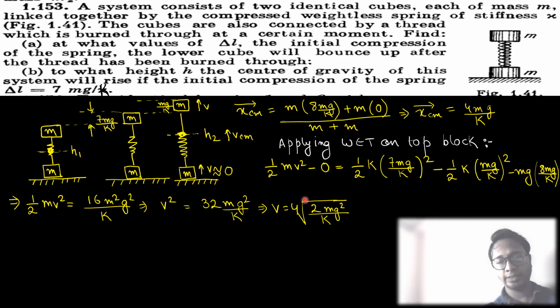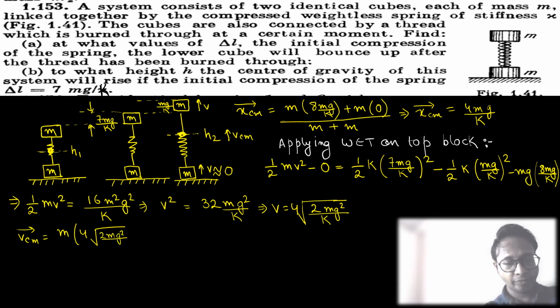Now this is the velocity of the topmost block as soon as the bottom block lifts up from the ground. So what is the velocity of center of mass at this point? Velocity of center of mass is nothing but mass of top block into velocity of top block, 4 root 2 under root of m g square by k, plus mass of bottom block into velocity of bottom block, divided by mass of top block plus mass of bottom block.